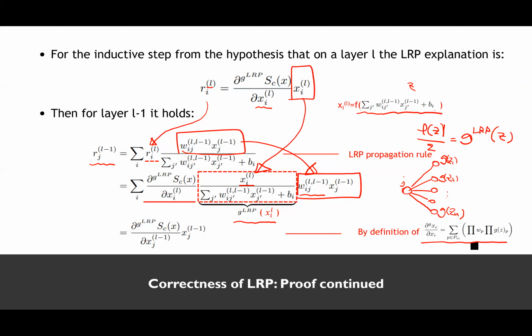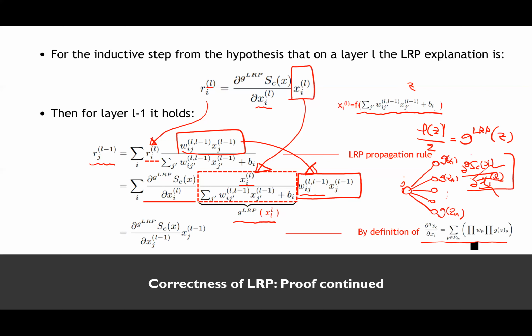Suppose we have this is z but i, and we can make a multiplication with all the possible paths computed as a gradient, partial derivative g LRP, SC, X with respect to X_i^l.